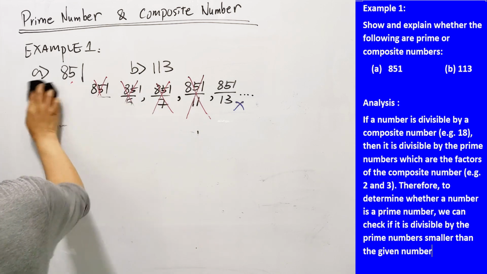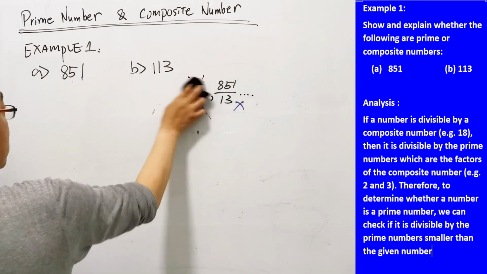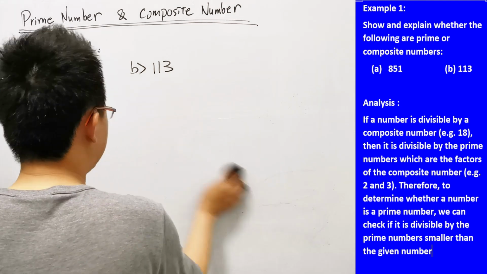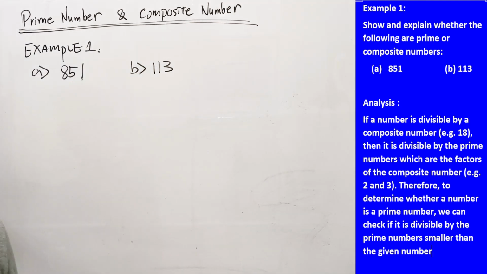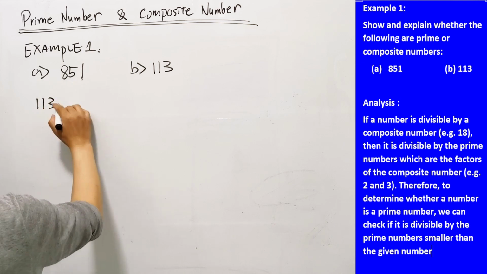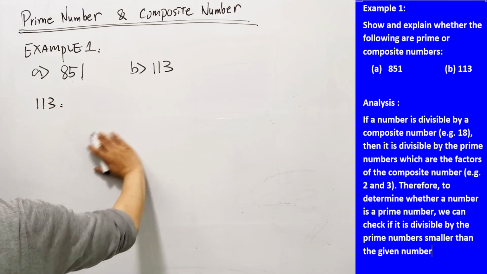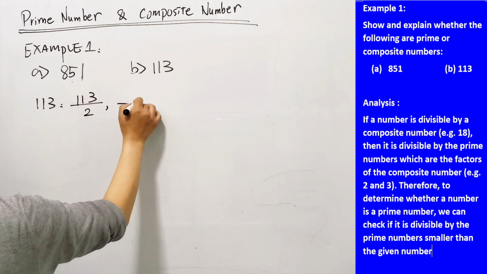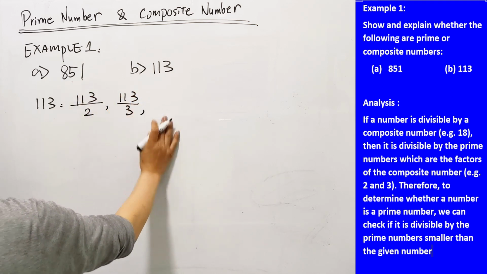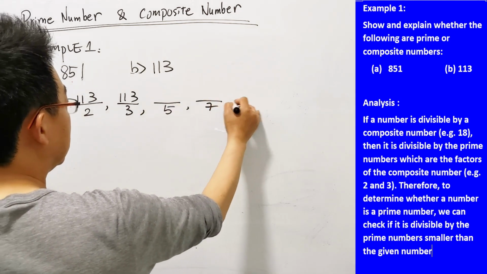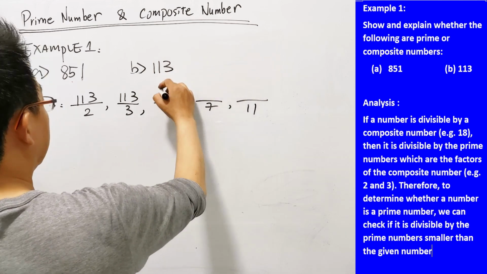We apply the same concept. Let's try all the prime numbers smaller than 113 one by one. So 113, we have this. The first one is what? 113 divided by 2, 113 divided by 3, and then 113 divided by 5, 7, and 11, right?